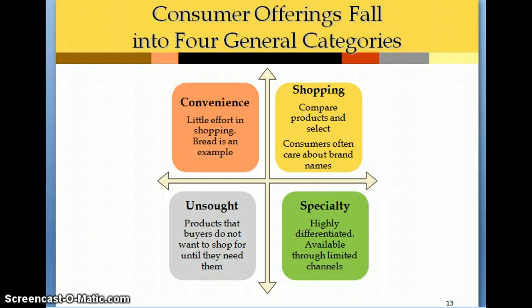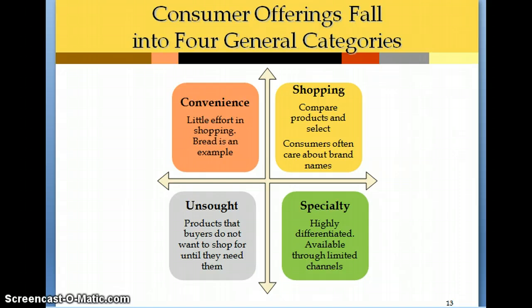Let's look at the different consumer offerings. The consumer offerings fall into four general categories: convenience offerings, shopping offerings, unsought, and specialty offerings. So convenience offerings are really products and services consumers generally do not want to put much effort into shopping for because they see little difference between competing brands.